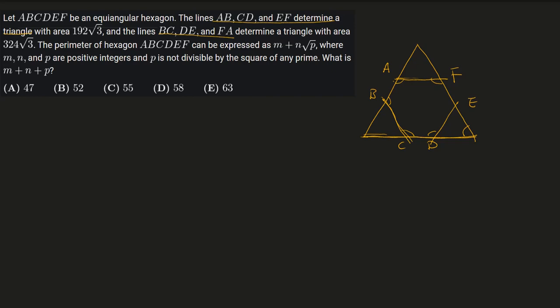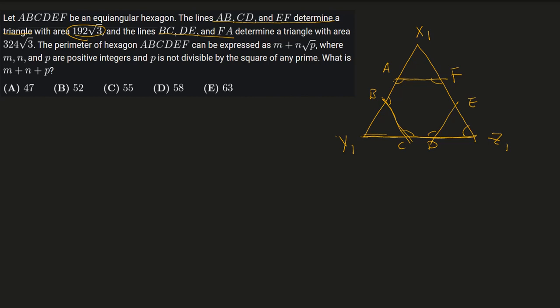Lines AB, CD, EF form a triangle with this area. So the first triangle is just this. Let's call this x1, y1, and z1. And the other triangle is this.